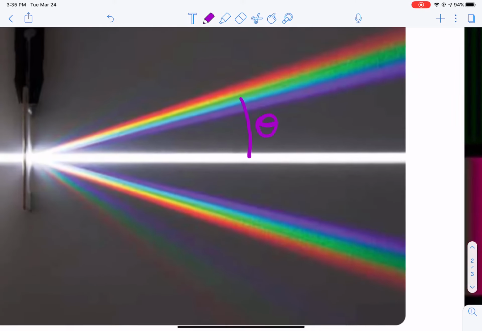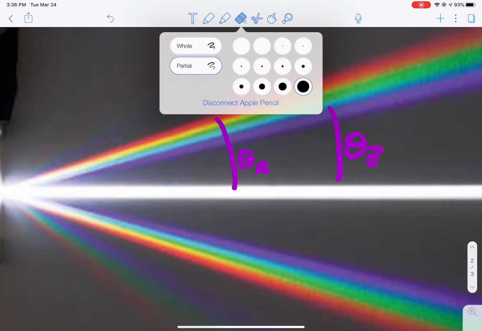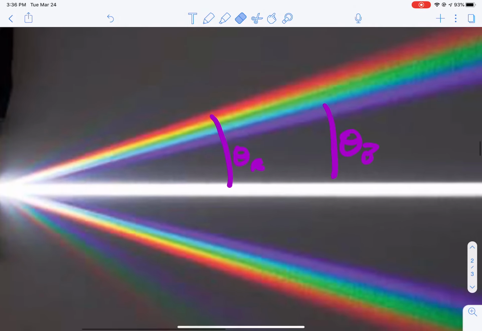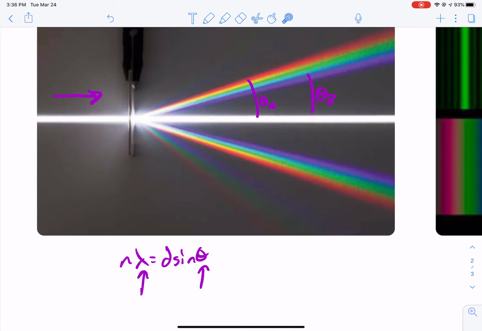And that makes sense here because look, here's theta red and here's theta blue. Well, which one's greater, theta red or theta blue? Of course, it is theta red. Red is a bigger wavelength, and therefore it's going to have a larger angle. So we covered that in the previous chapter. Hopefully you're feeling pretty good about that.